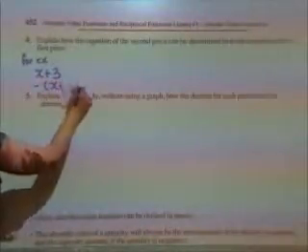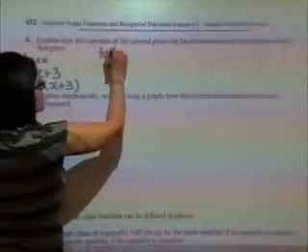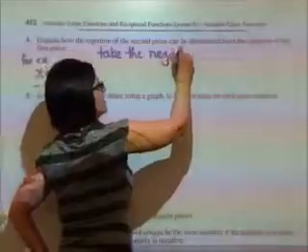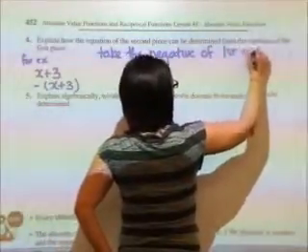Negative x plus 3. So what did you do to get the negative of x plus 3? We took the negative of the entire expression. So to get the second piece, you would take the negative of the first equation.